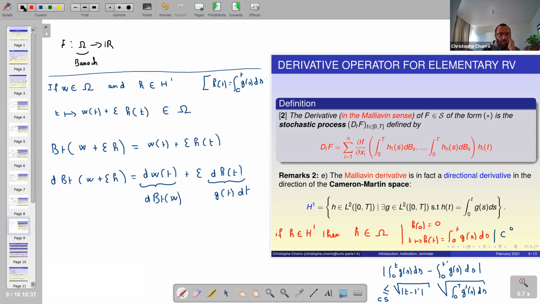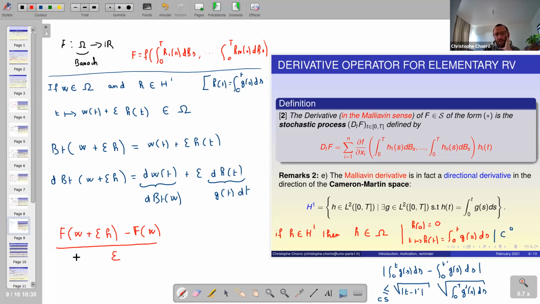Why do I write it this way? Because if I consider my f as an element of S, something like this, I can consider the following: f of w plus epsilon h minus f of w, over epsilon.